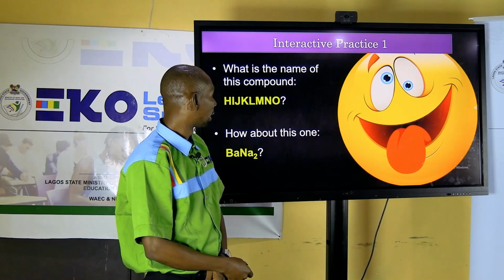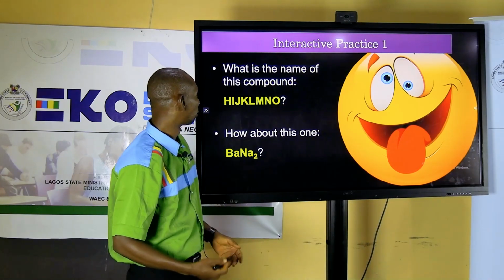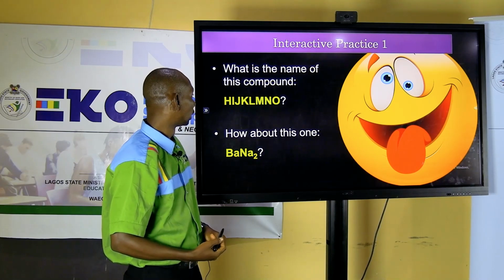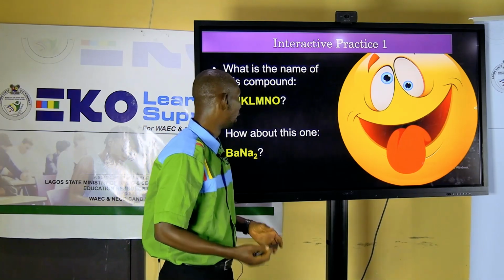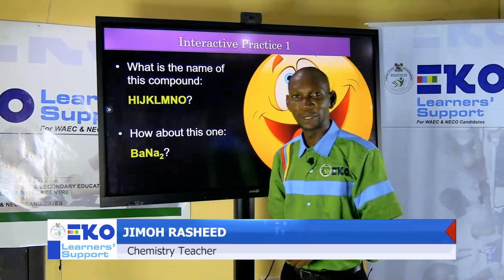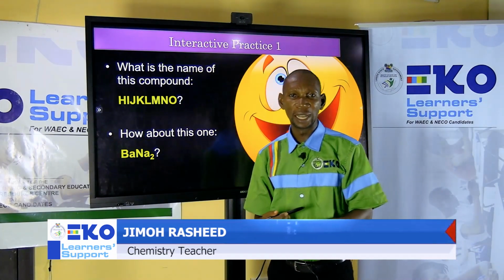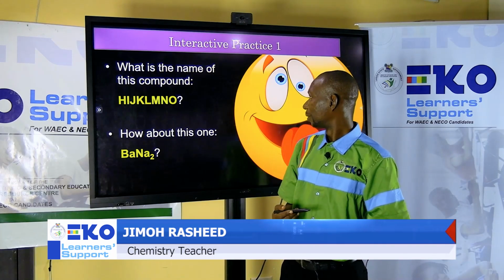And this can be a bit funny. I'm asking you here, what is the name of this compound? I J K L M N O. What's the name of that compound? What do you say? Is that actually a compound? Have you seen a compound like that before?